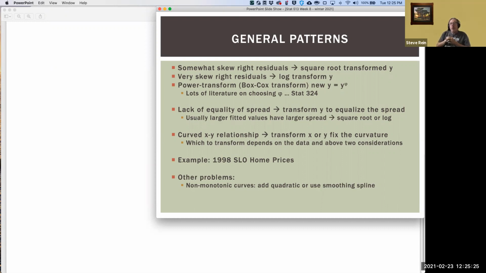If you are looking for the optimal power phi, you could try what's called a Box-Cox transformation. George Box and Cox came up with this method, which, in an experimental design context, gives you a way of optimizing your value phi if you're transforming your response variable y.